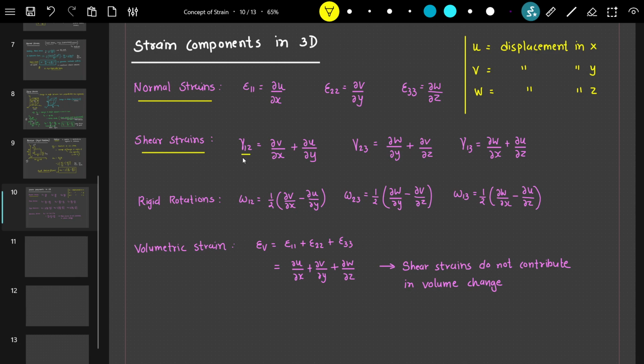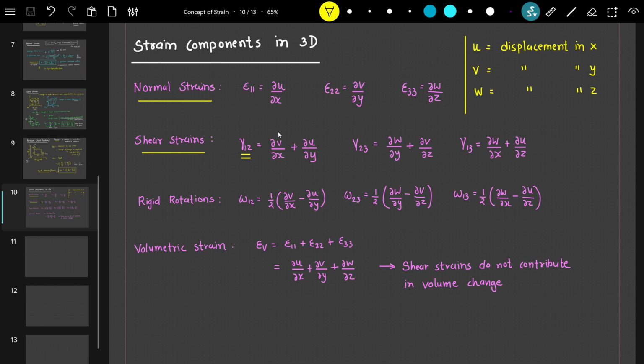Gamma 12 is a shear strain in 1, 2 or xy plane, that is change in angle between 1 and 2 axis, or change in angle between line segments of x and y axis, and it is given by dou v by dou x plus dou u by dou y in differential form.